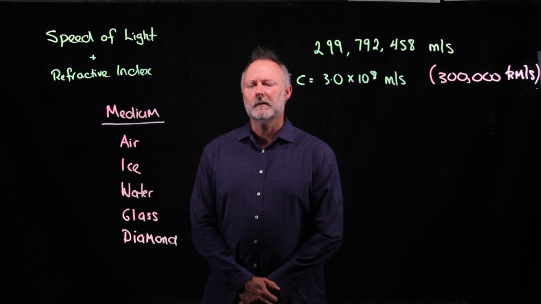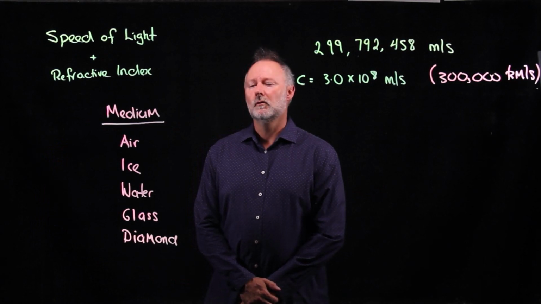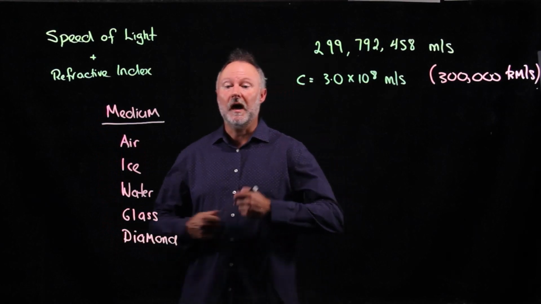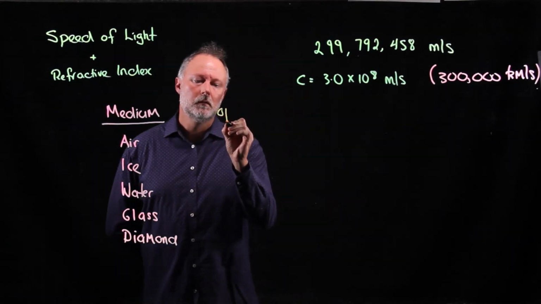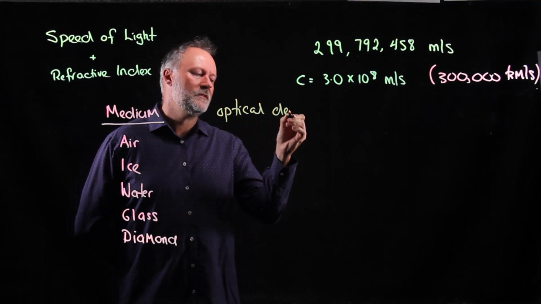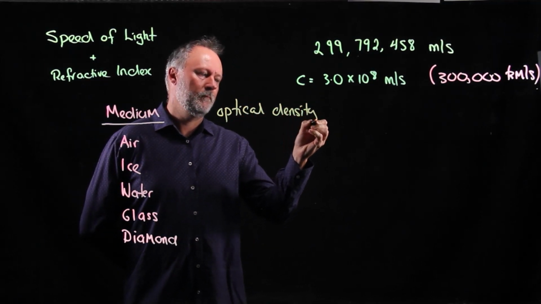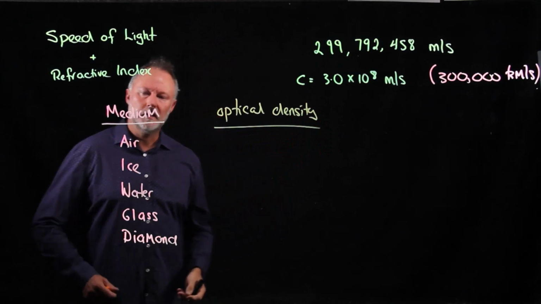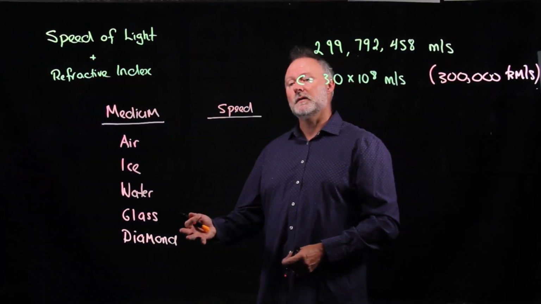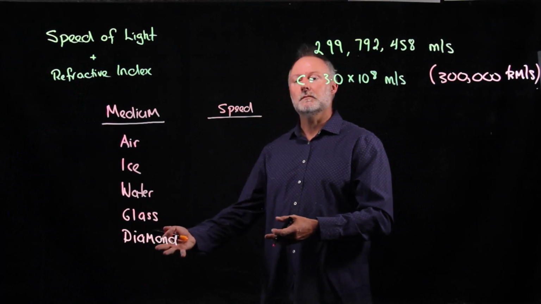However, the speed of light isn't constant in all materials, or what we call mediums. Different mediums or materials have a unique what we call optical density. And this feature impacts the speed or the velocity of light in the different mediums.